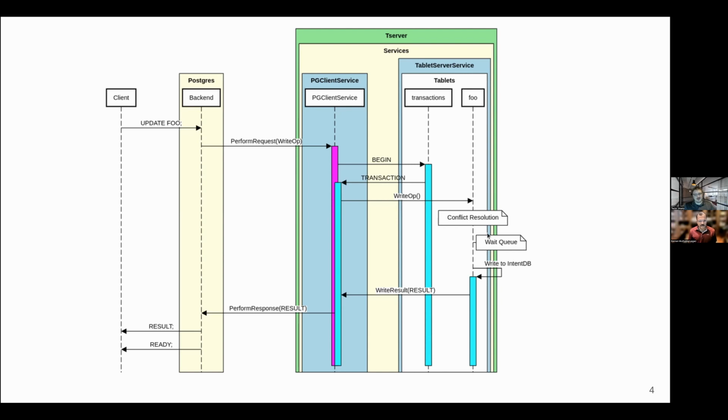And then if wait queues are enabled and there's a conflicting transaction in flight, it'll be placed in the wait queue, and it can go through conflict resolution again. Otherwise, if the transaction has a conflict, it will send a conflict error back to the Postgres process.